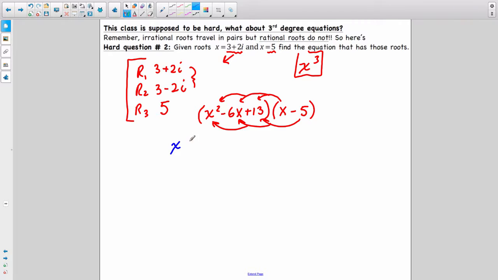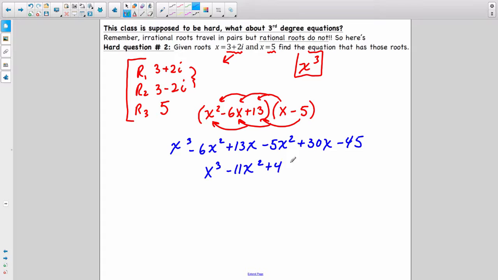Okay, combining like terms. There you go.